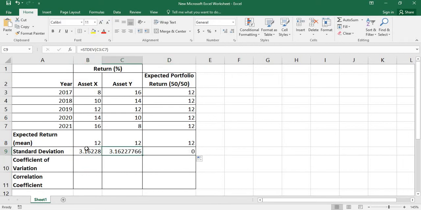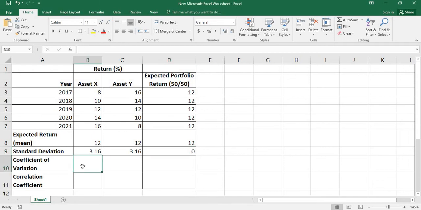I will keep up to 2 decimal points. So here is your result, 3.16% standard deviation for asset X, 3.16% standard deviation for asset Y, and standard deviation of this portfolio is 0. So there is no risk involved in this portfolio.